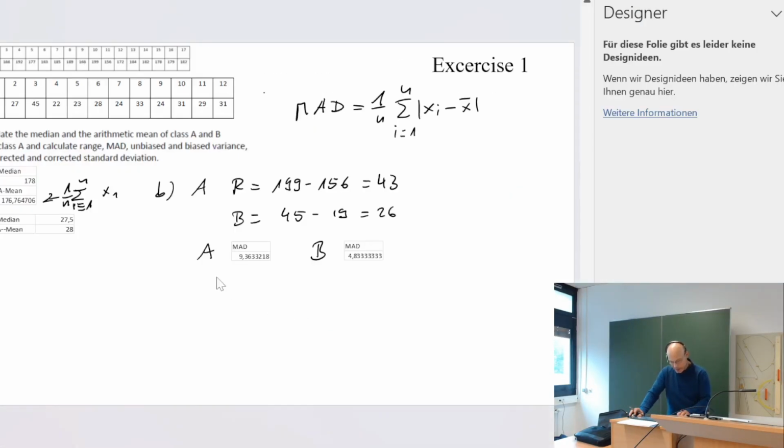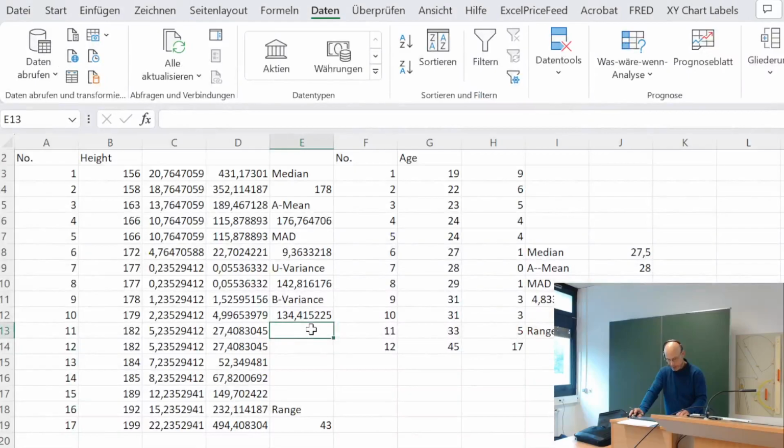And what else? Uncorrected and corrected. So the corrected one is standard deviation. This is just the square root of the unbiased variance.